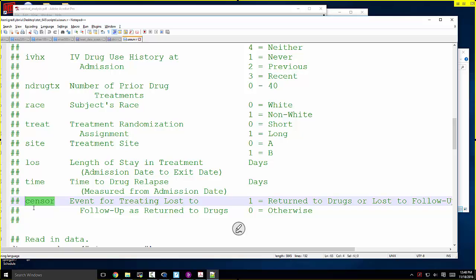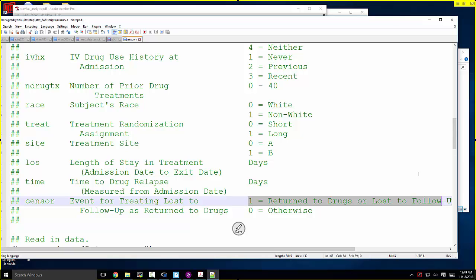A censored observation in this context, by the way, is a little different from the cases where we've actually been talking about death. So an uncensored observation, an actual event, is somebody who returned to drugs or dropped out of the study altogether, which is a little bit unusual of a parameterization.